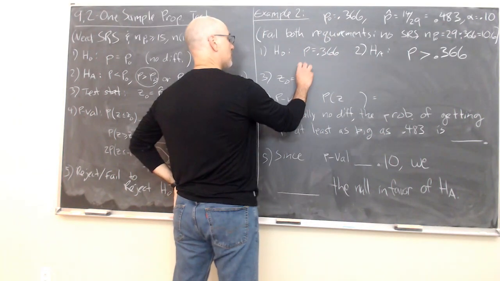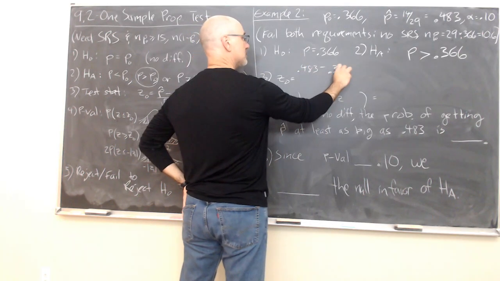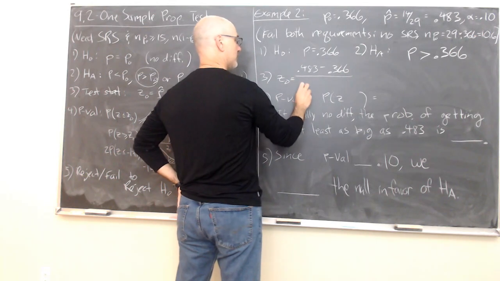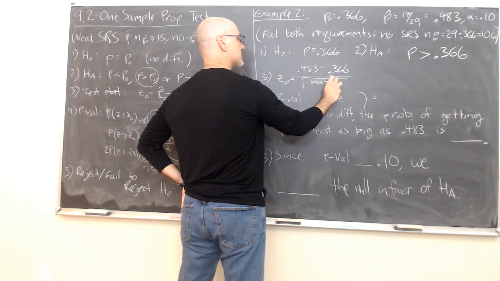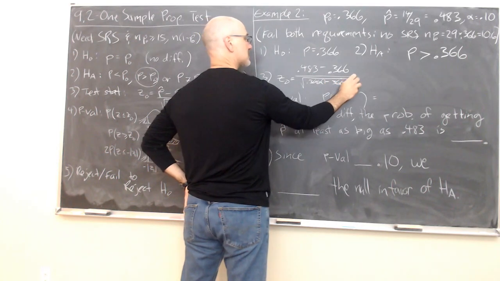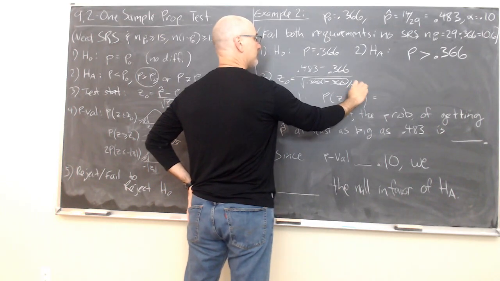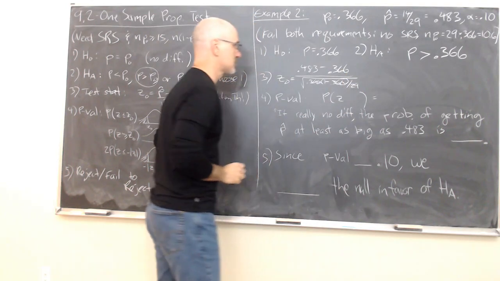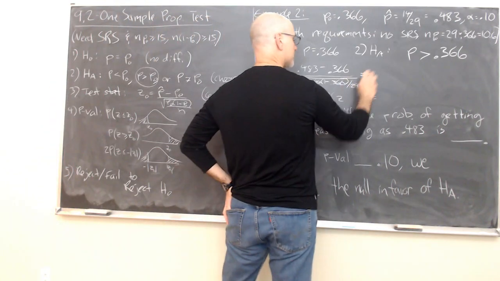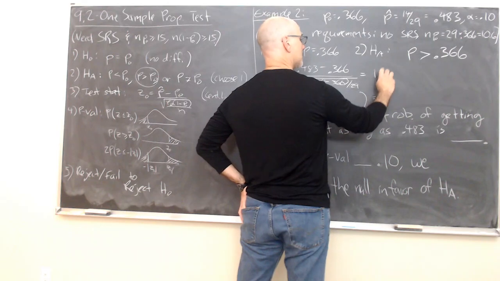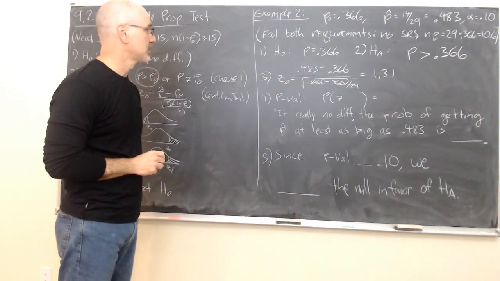Well, it's 0.483 minus the assumed proportion, over the square root of 0.366 times 1 minus 0.366 divided by n, which is 29. Right, so all of that is under the square root. And I worked this out with my calculator a few minutes ago. The result is about 1.31. So that's our test statistic.